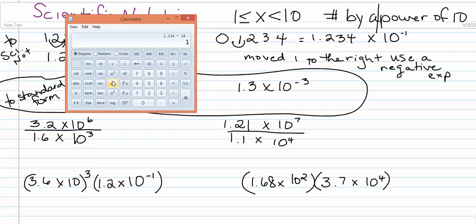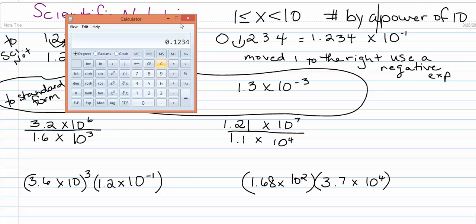Not sure how that power is going to work out, but we'll see. And I do get back to the number that I started with, 1,234 10,000ths.